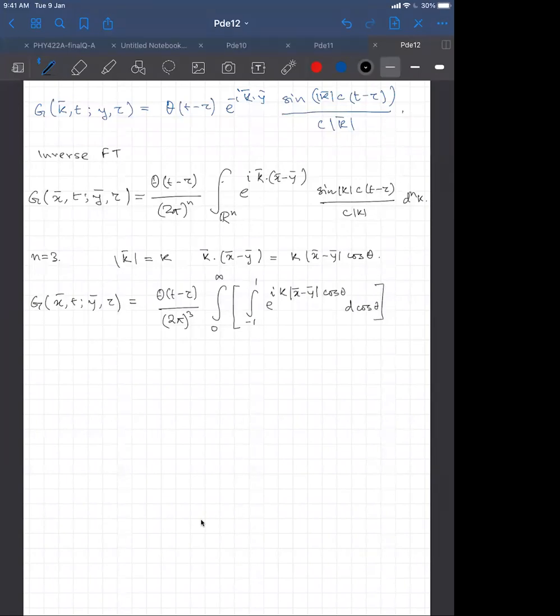This is where this integral ends, and there is a sine c k (t minus tau) k squared dk.